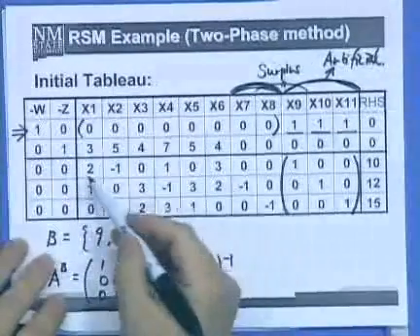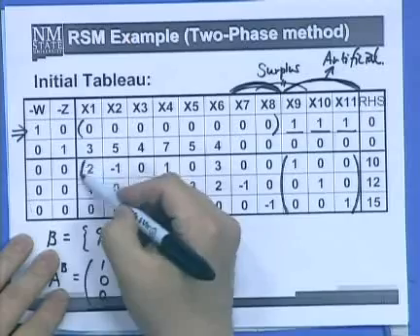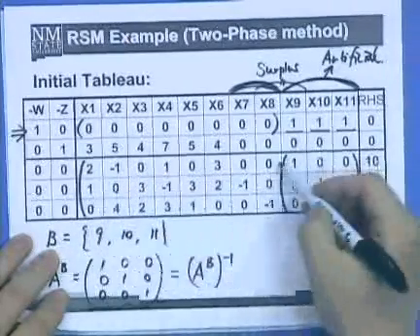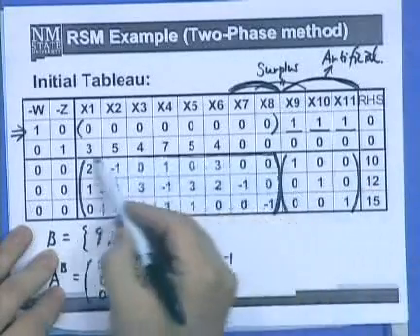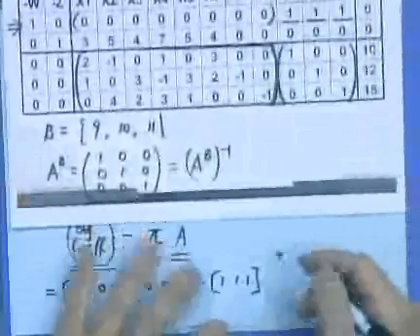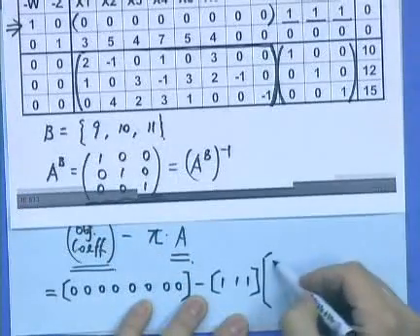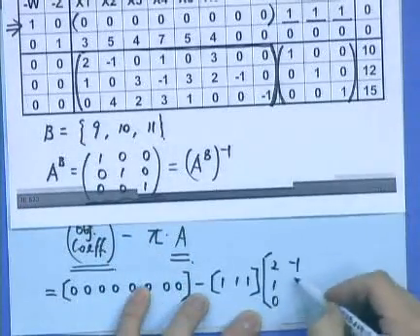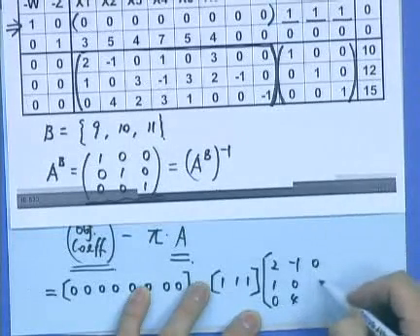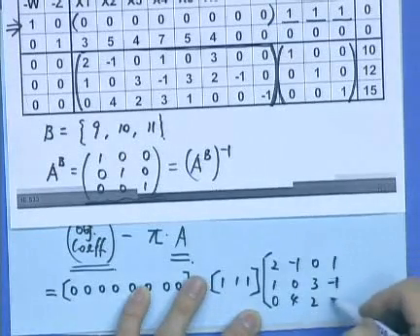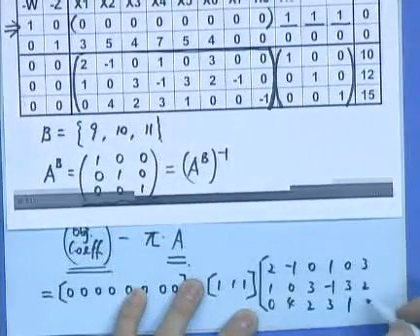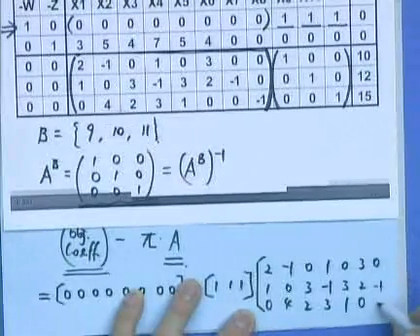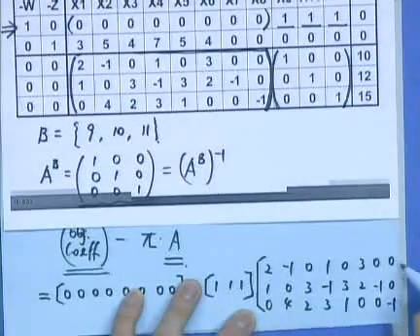That is the coefficient matrix for non-basic variables. Must be a 3 by 8 matrix, right? So it's going to be 2, 1, 0, minus 1, 0, 4, 0, 3, 2, 1, negative 1, 3, 0, 3, 1, 3, 2, 0, 0, negative 1, 0, 0, 0, negative 1. Okay?